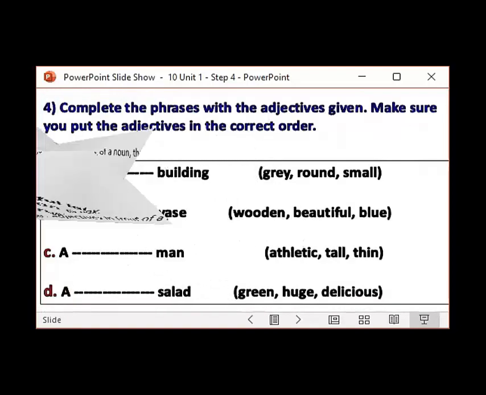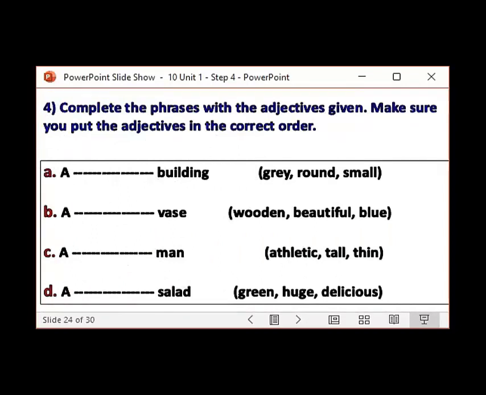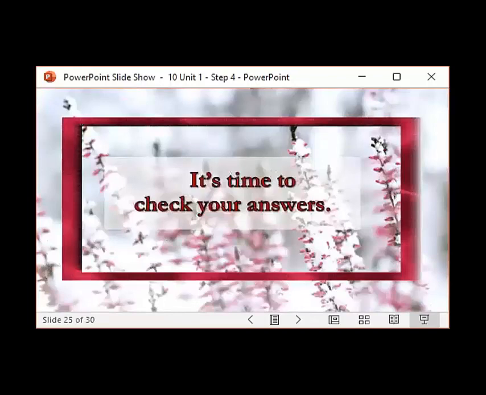And now complete the phrases with the adjectives given. Make sure you put the adjectives in the correct order. Let's see your answers.